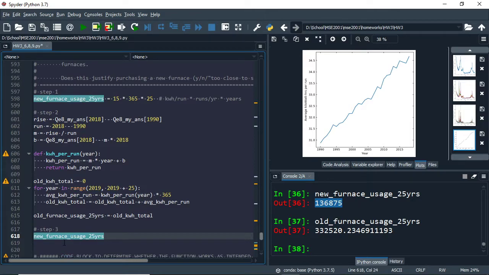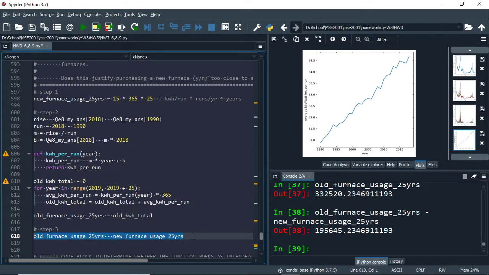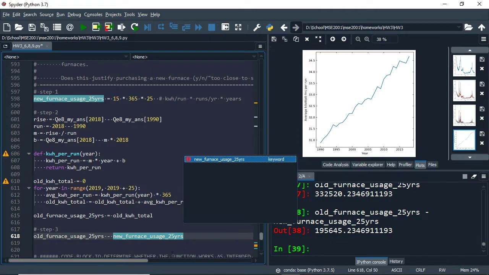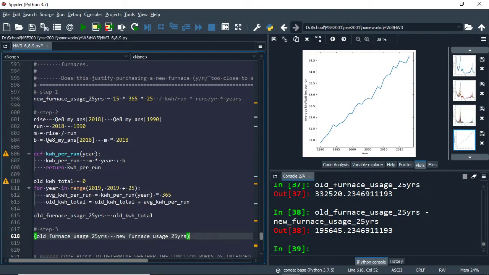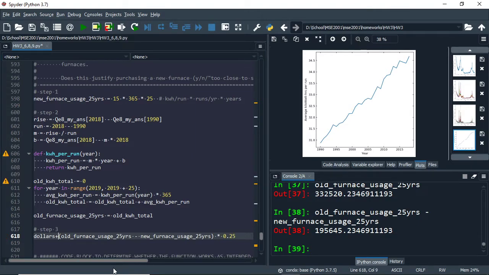We're going to go ahead and grab the difference. So the new furnace usage minus the old furnace usage will give us the difference between the two of them, aka how many kilowatt hours we save. We'll go ahead and multiply this by 0.25, 25 cents per kilowatt hour. So dollars saved.